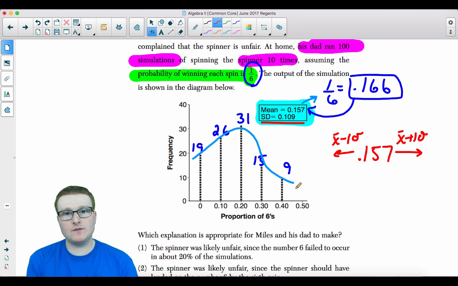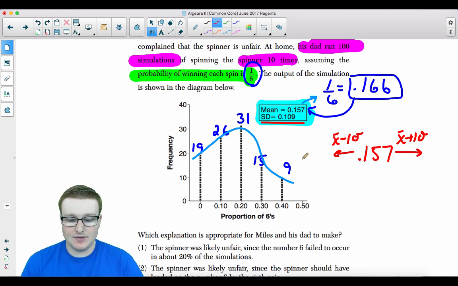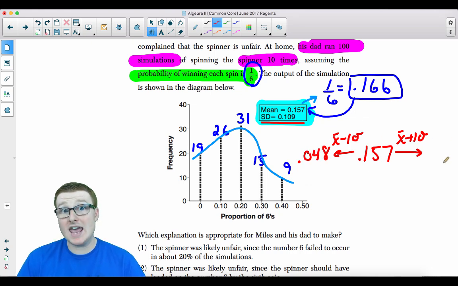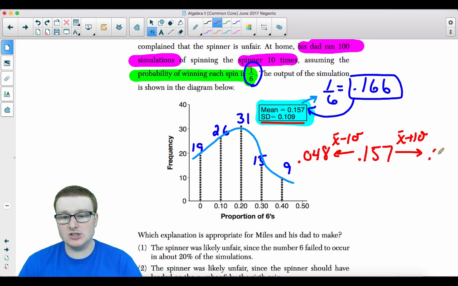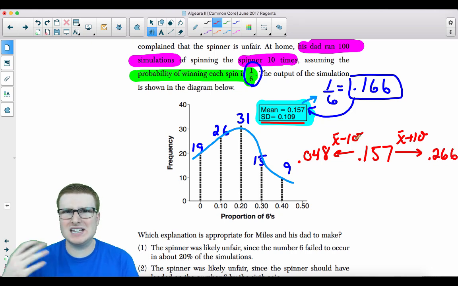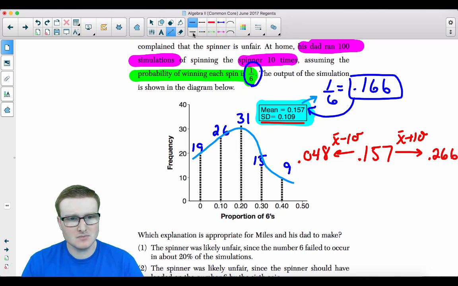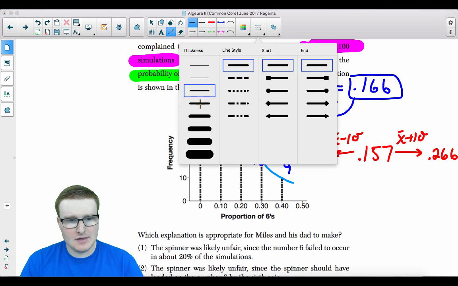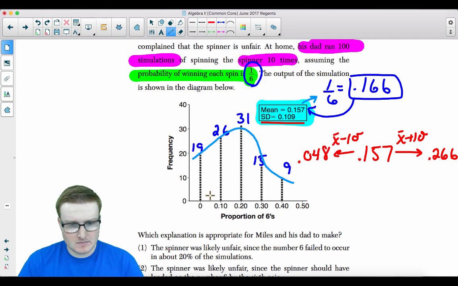If you take 0.157 and subtract 0.109, you get 0.048. And if you add 1 standard deviation, you get 0.266. Well, what does that tell us? Well, that tells us that 1 standard deviation is right around here.